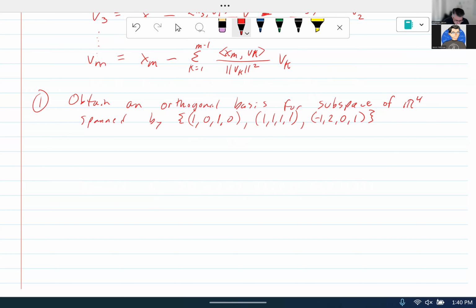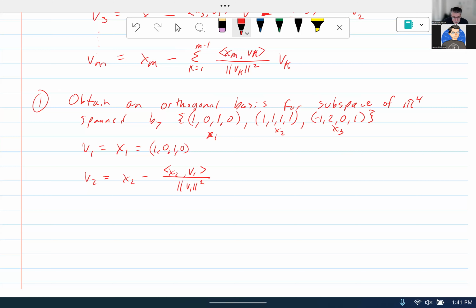Okay, so what's V1? V1 is equal to X1, which is, this is X1, this is X2, and this is X3. So V1 is equal to X1, which is just 1, 0, 1, 0. Okay, so the first one is easy. It's just the first one. Then it gets a little bit more complicated because we have V2 is equal to X2 minus X2 inner product with V1 over the norm of V1 squared.